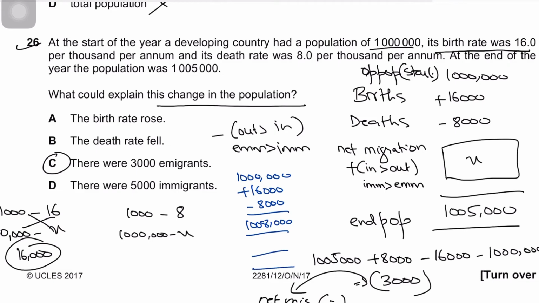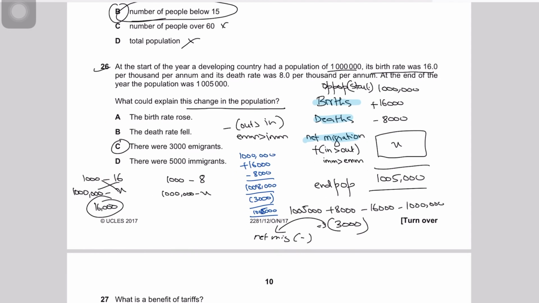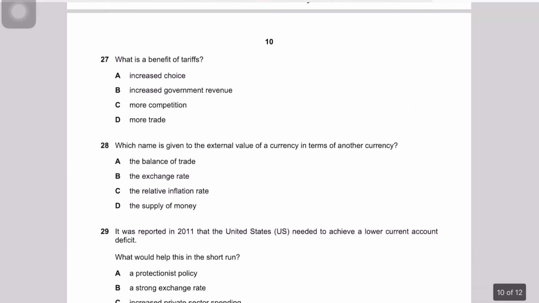Only 1,005,000 are left, which means that obviously 3,000 exited the country. That is why this is the answer. So C is the correct answer. Just remember three things: the birth rate, the death rate, and the net migration rate affect the population size.